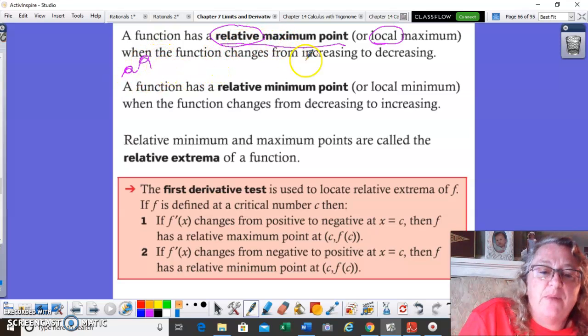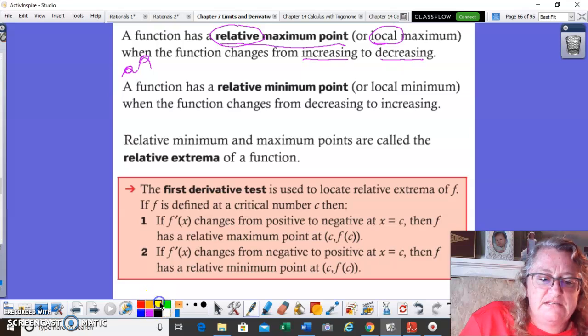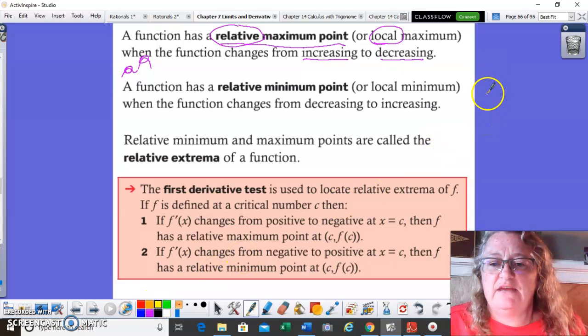Okay. But when we change from a sign that is increasing to decreasing, the reason that happens is because, just like I drew over here, we have a positively sloped line to a negatively sloped line. So think about all of those tangent lines that you could draw if we were talking about a maximum point.